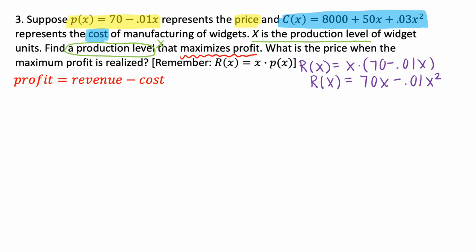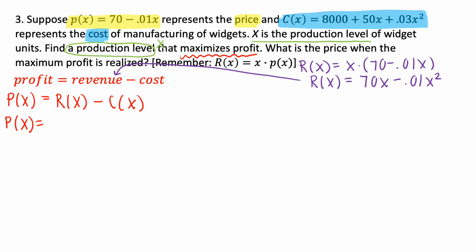Now that we found our revenue, we can plug it in to find our profit equation. Our P of x is equal to R of x minus our cost, C of x. So now we plug in P of x equals the revenue equation we just found, 70x minus 0.01x squared, minus the cost equation they gave us, in parentheses 8,000 plus 50x plus 0.03x squared.